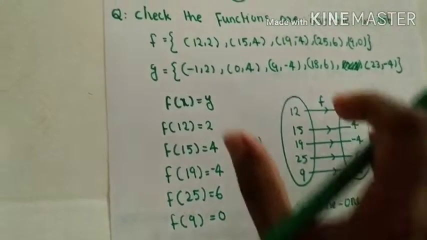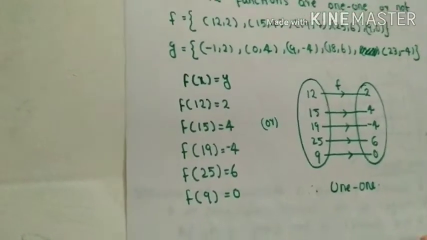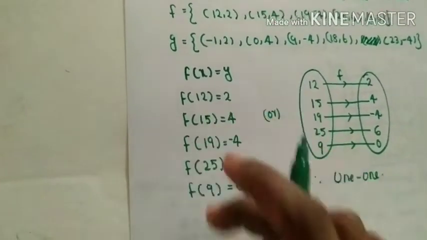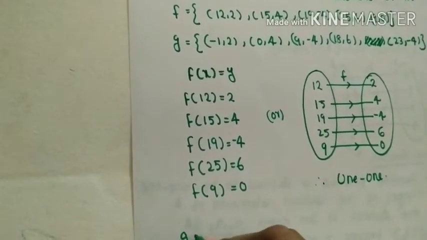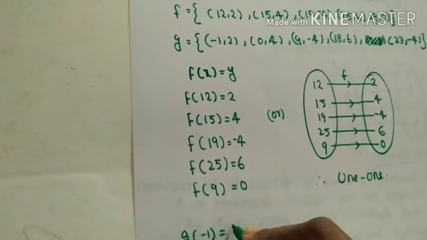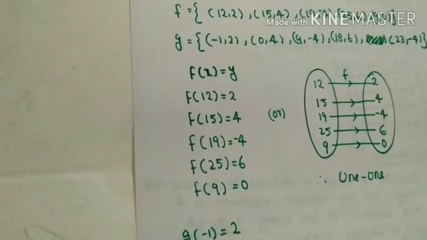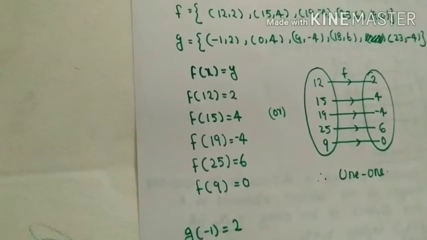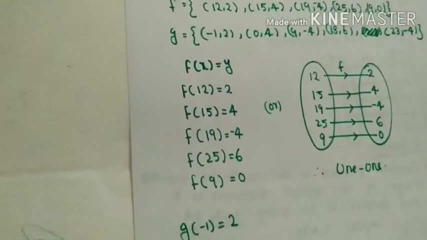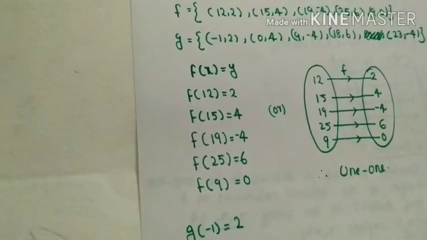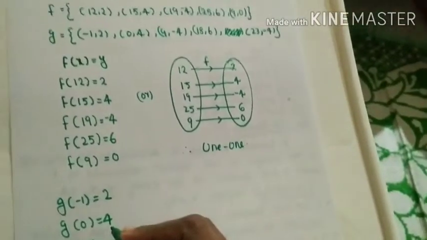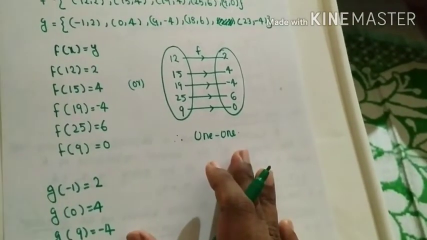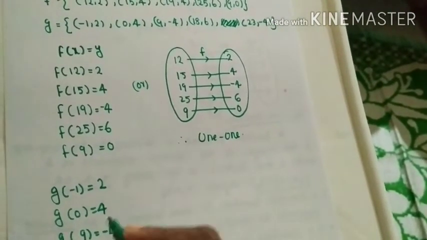Similarly, next consider the function g. So let us write it in this way. We get g of -1 equal to 2, g of 0 equal to 4, g of 9 equal to -4.